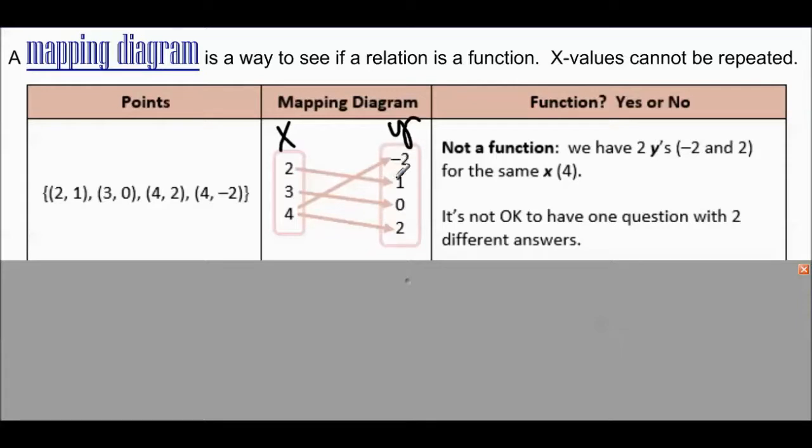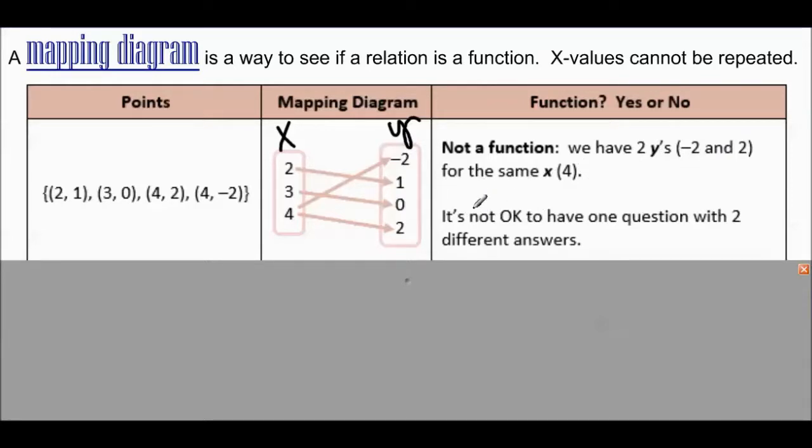My first coordinate was 2, 1, so that 2 is matched with 1 as a y value. 3 is matched with 0 as a y value. 4 is matched with +2, and then 4 is also matched with -2. So you see how that x value is being repeated. So this is not a function because we have two y's, -2 and 2, for the same x value, 4.